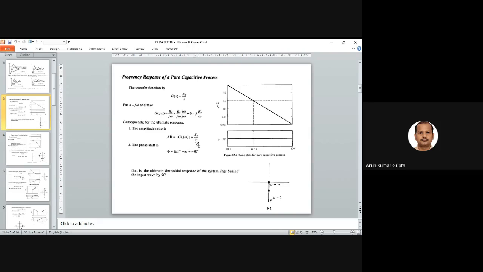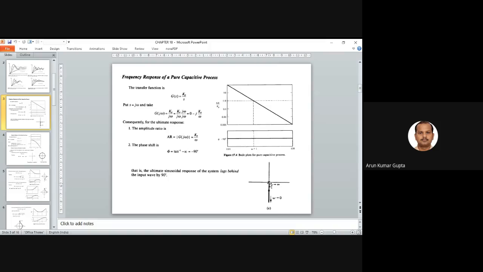When omega is 0, the amplitude ratio will be infinite. When omega tends to infinity, it will be 0. So your graph, or locus of the point, will lie from infinity to 0, but always at the 90 degree angle, always on this line.